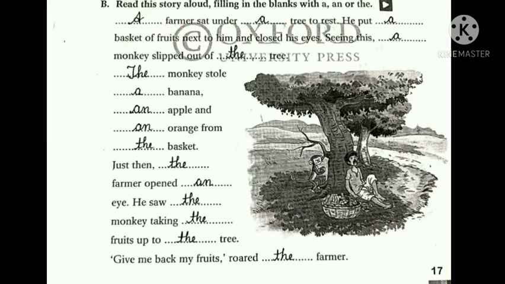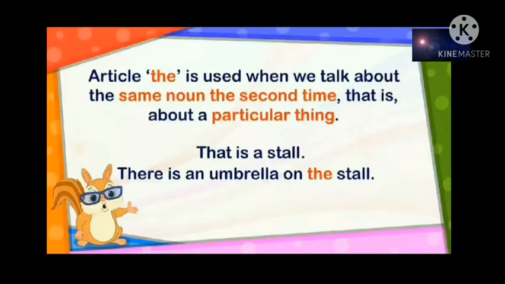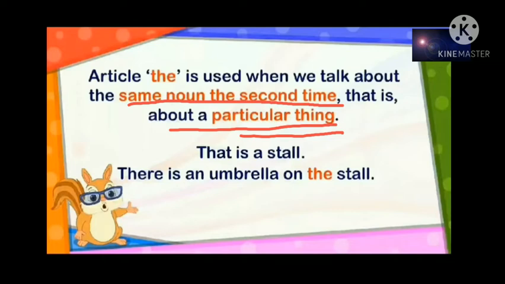Seeing this, a monkey slipped out of the tree. Children, why did we use the here with tree? Just remember the rule. As I have already told you, article the is used when we talk about the same noun the second time, that is, about a particular thing.